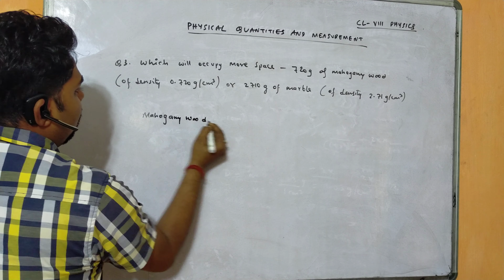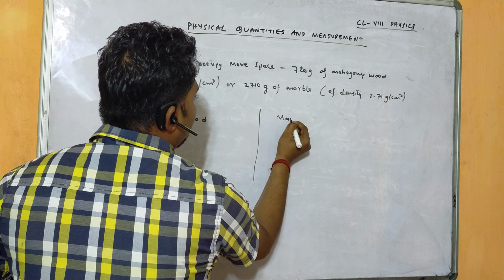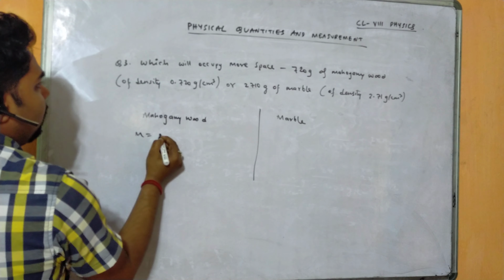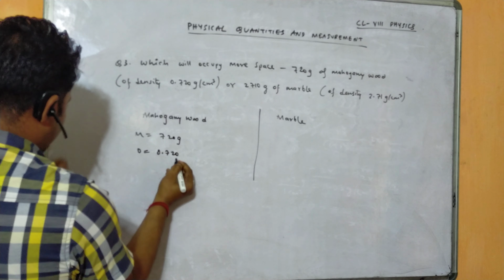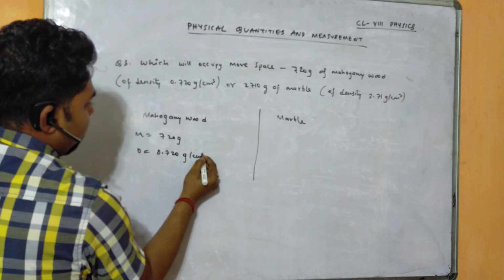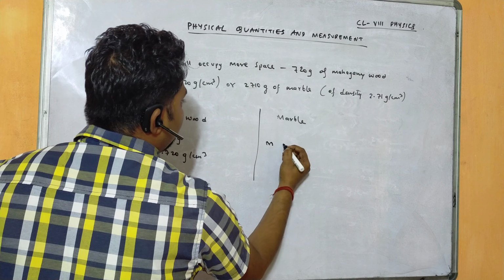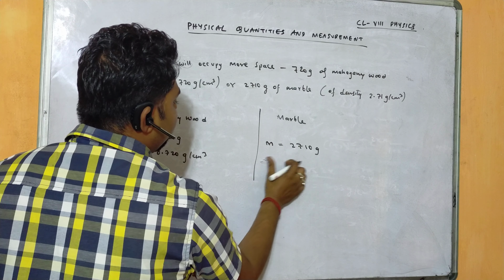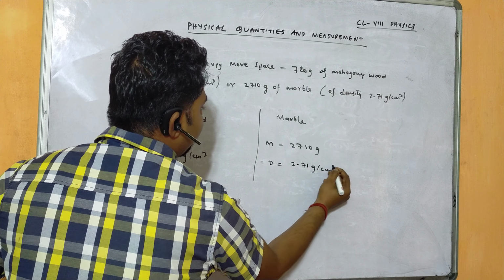So for mahogany wood, let us consider this portion, and for marble. For wood, mass is given here, 720 gram, and density is given as 0.72 gram per centimeter cube, right? Similarly for marble, mass is given 2710 gram, and density is given here 2.71 gram per centimeter cube.